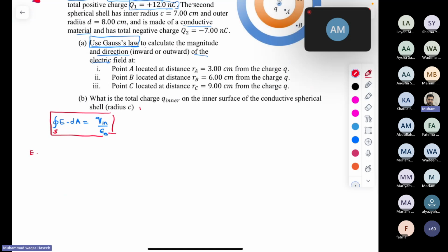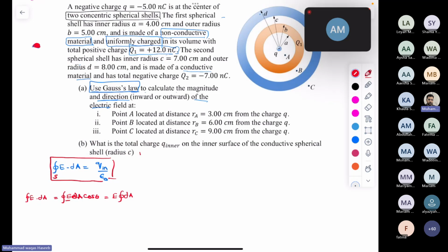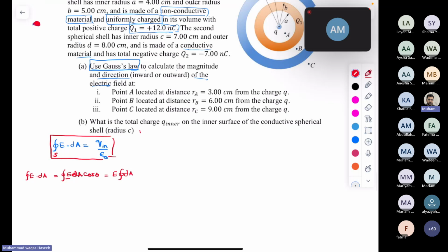That is the closed surface integral of E dA cosine theta, and because the electric field is constant and the angle is 0, cosine theta is 1, so we get E times the integral of dA. The area of the closed surface is 4 pi r squared.